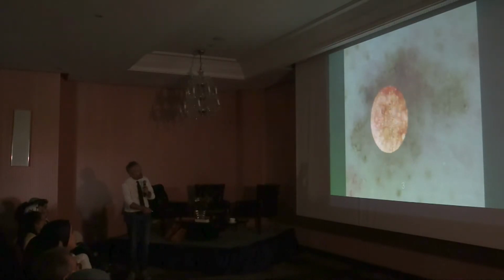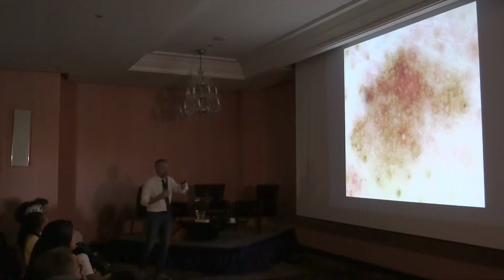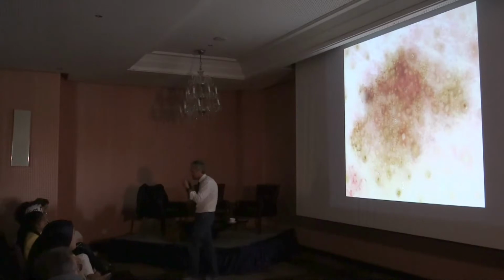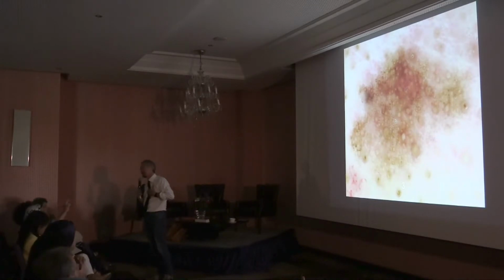You have to look at the periphery of these follicles, and what you see at the periphery of the follicles? A circle. So here you see a pattern of circles. You don't see white follicles. This is extremely important, because this is not benign. This is melanoma. I'm so sorry.